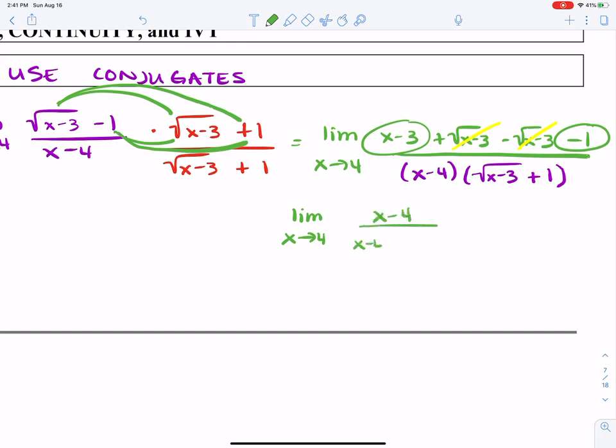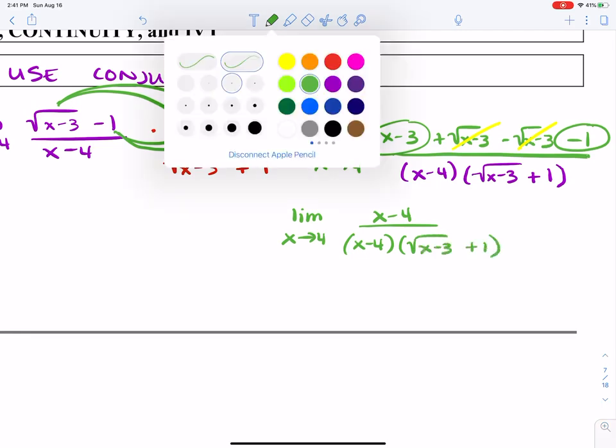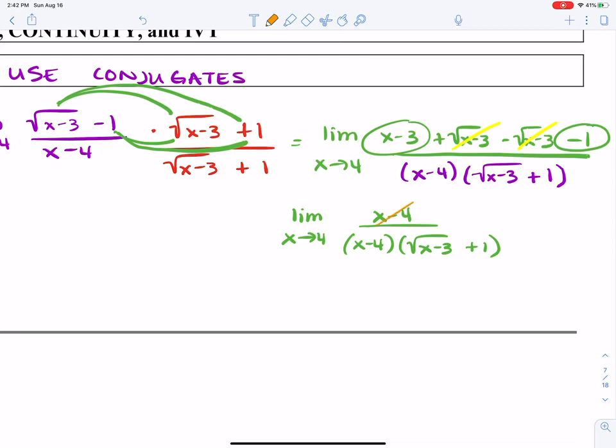And here, guys, is why I told you do not multiply out your bottom when we use conjugates: these reduce away to a form of 1. I get the limit as x approaches 4 of 1 over radical x minus 3 plus 1, and I can direct substitute. 1 over the radical of 4 minus 3 plus 1, and I get a value of 1/2, which is super nice.